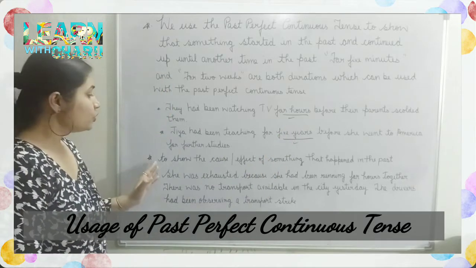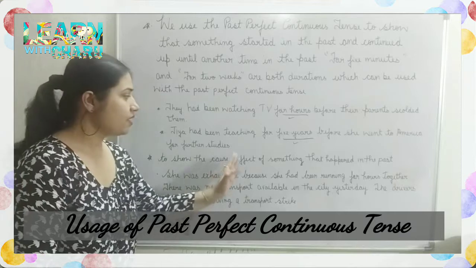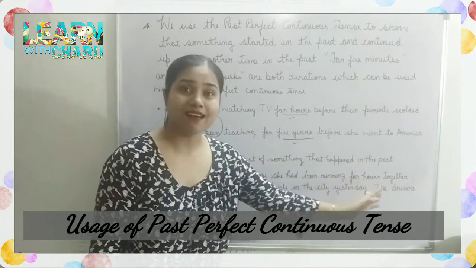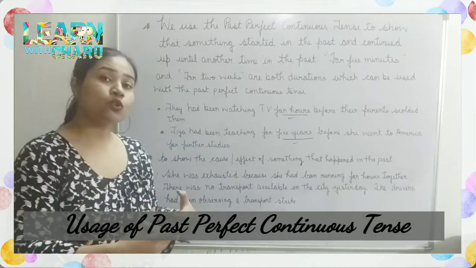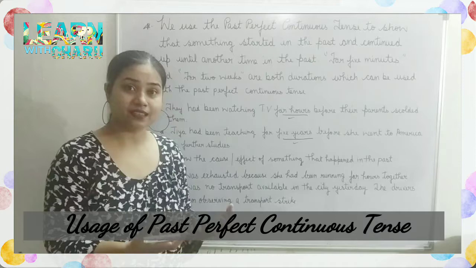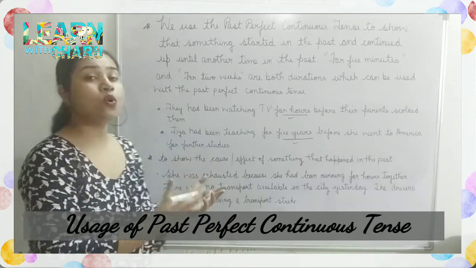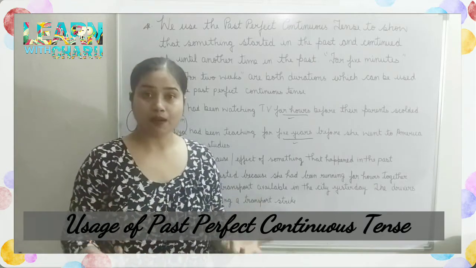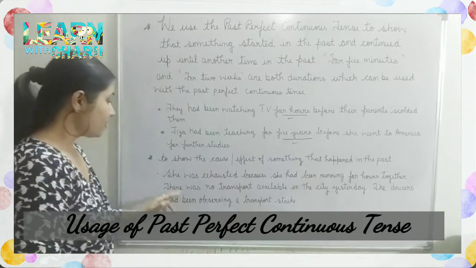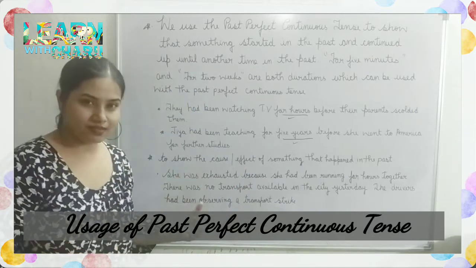Next, to show the cause or effect of something that happened in the past, for this also we use past perfect continuous tense. For example, she was exhausted.